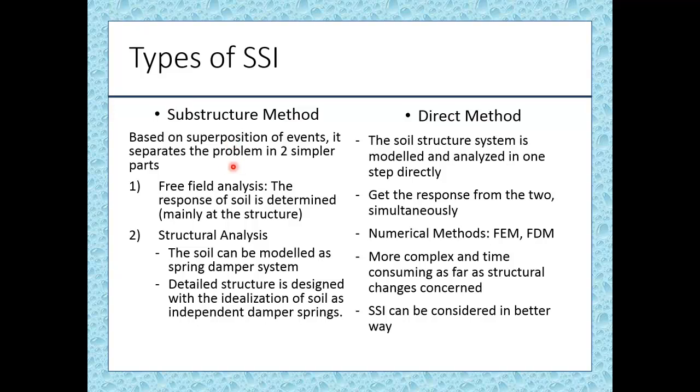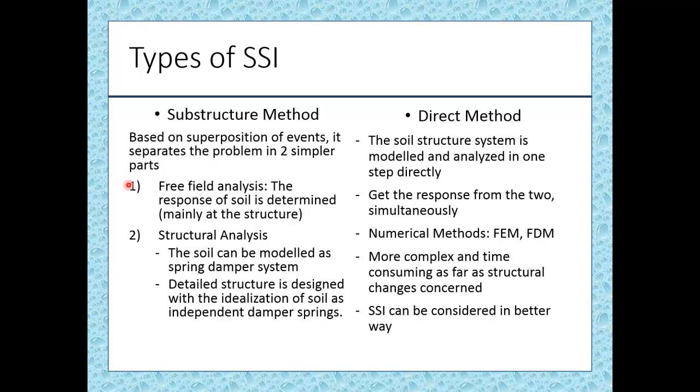It separates two courses of interaction. Firstly, the foundation having its inability to follow free field displacement, and secondly, there is effect of dynamic response on the foundation system because of the supporting soil. The substructure method, however, is limited to linear system or linear equivalent system.